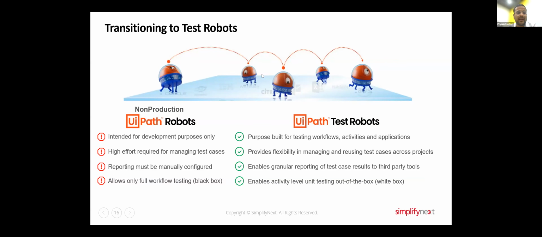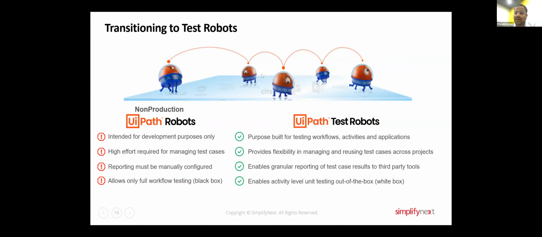Previously, the intent was for development purposes only, for non-production UiPath robots. If we do not use Test Suite and use RPA for testing, a high effort was required for managing test cases. There's no central repository for logs and for seeing the reports. And it allows only full workflow testing, which is a black box.